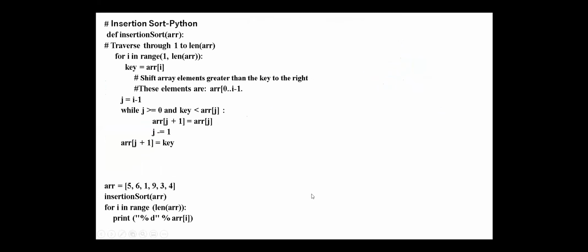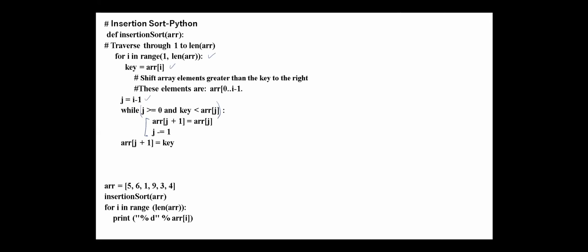Here we have the Python program for insertion sort. Here is the external loop for i. a sub i is moved to k. j is initialized to i minus 1. While this condition is true, j greater than or equal to 0 and key value less than array sub j, we perform these two statements.